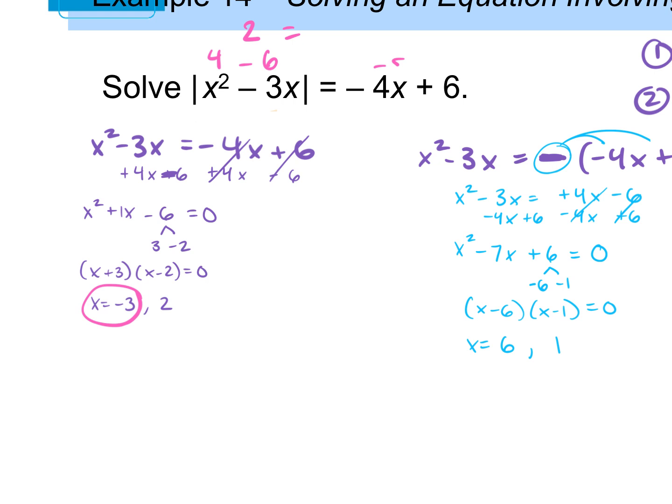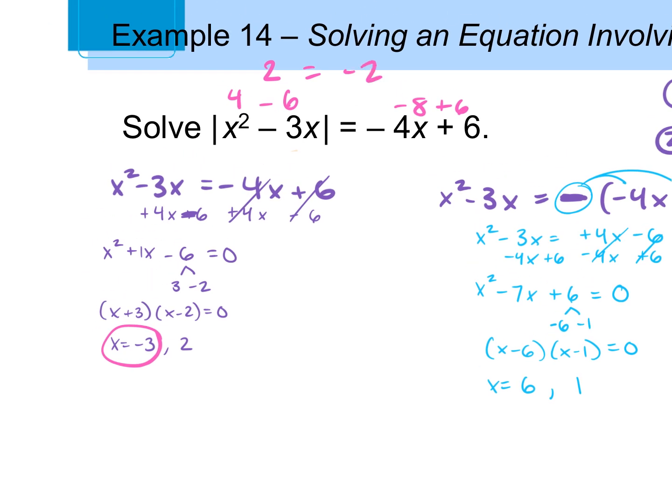And negative 8 plus 6 is negative 2. Does 2 equal negative 2? Nope, so 2 does not work. You can plug in 6 and 1, but just for the sake of time, 6 does not work.